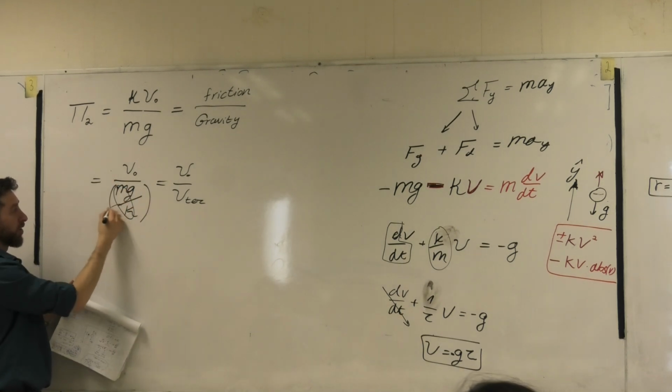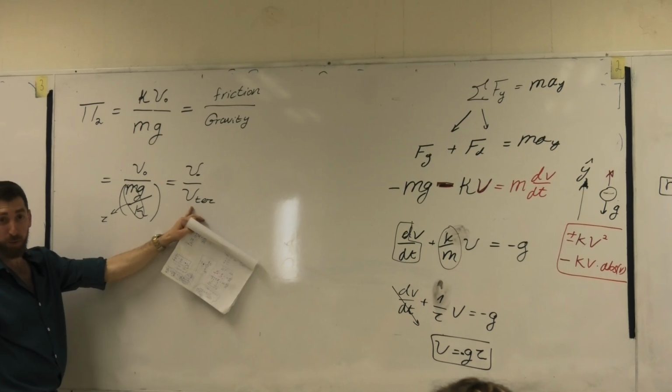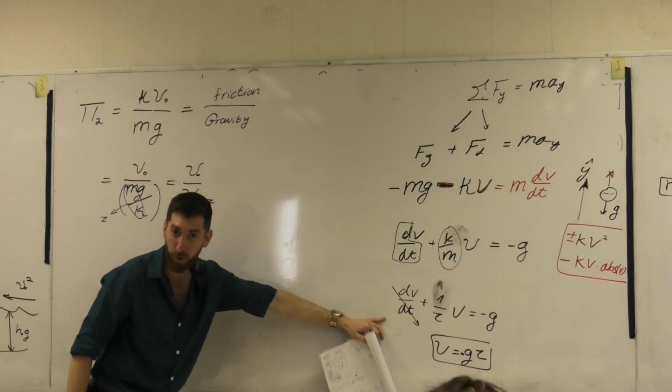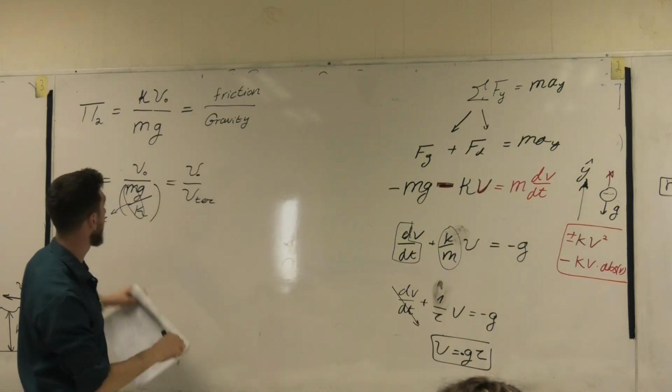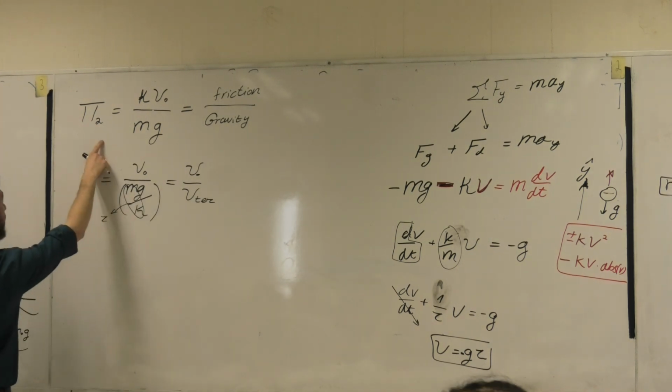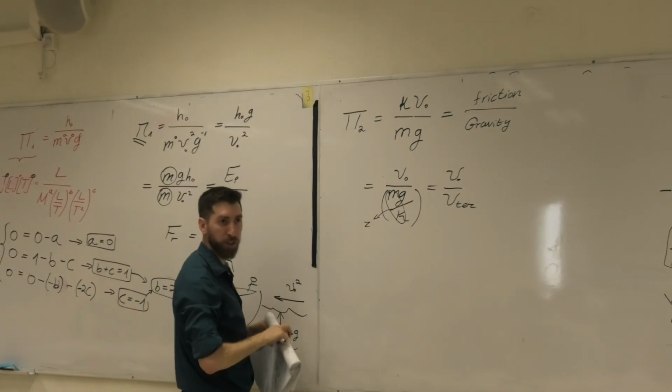Tau g is the terminal velocity of the particle. We saw that in physics 1. We saw it in fluid mechanics. Okay, great. So what we actually got are this pi 1 and pi 2. You see it? So they are very, very important.